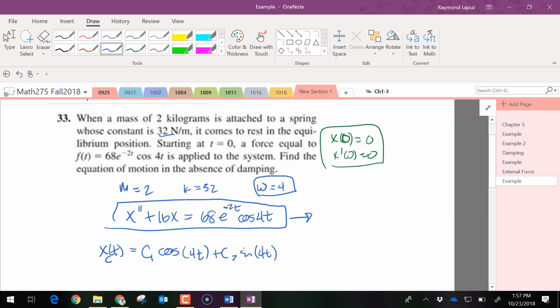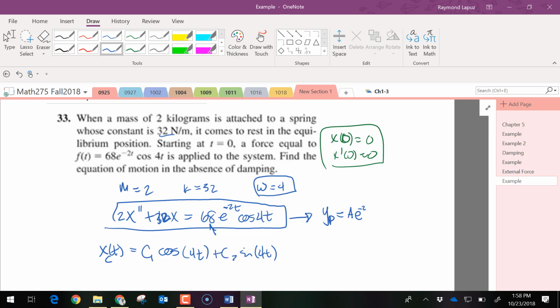So our y sub p should be equal to, oh yeah. I divided, because that's how the problem should have started with the mass in front.